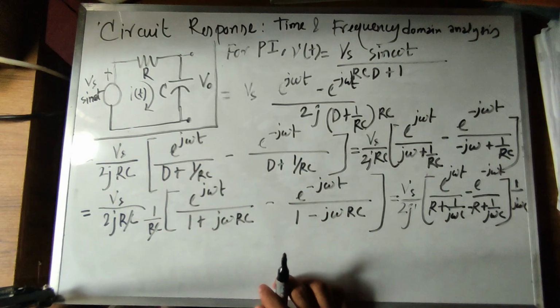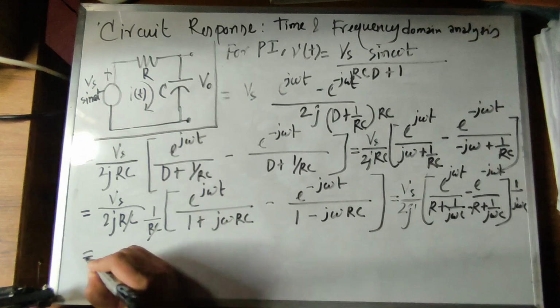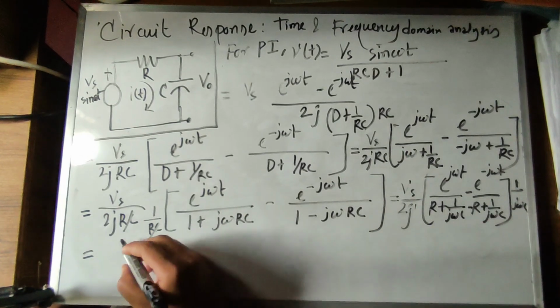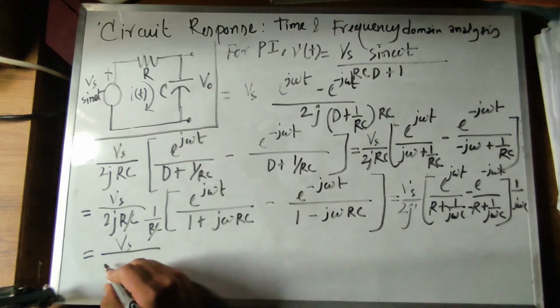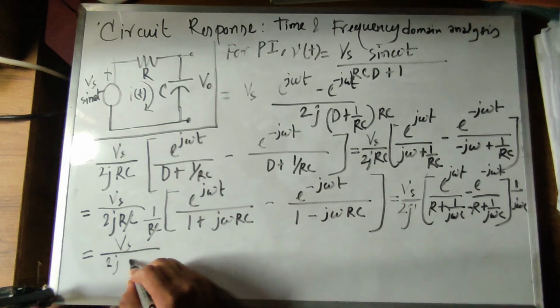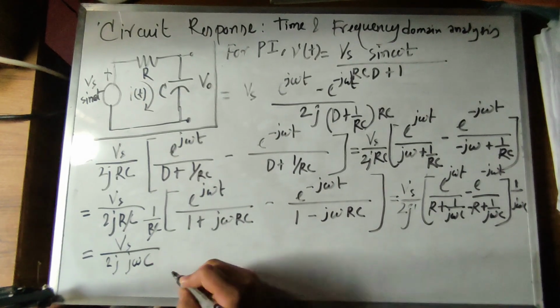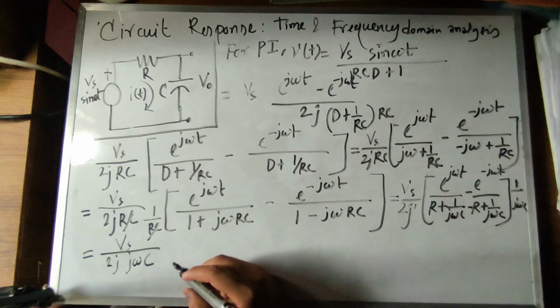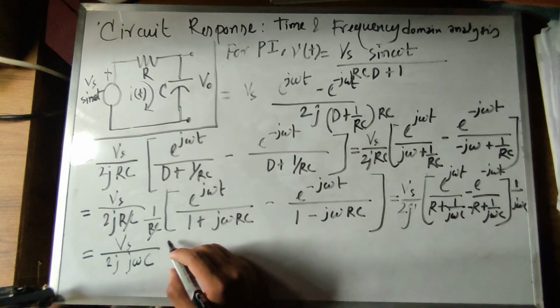So now Vs by 2j, j omega C, for now I'm saving this.